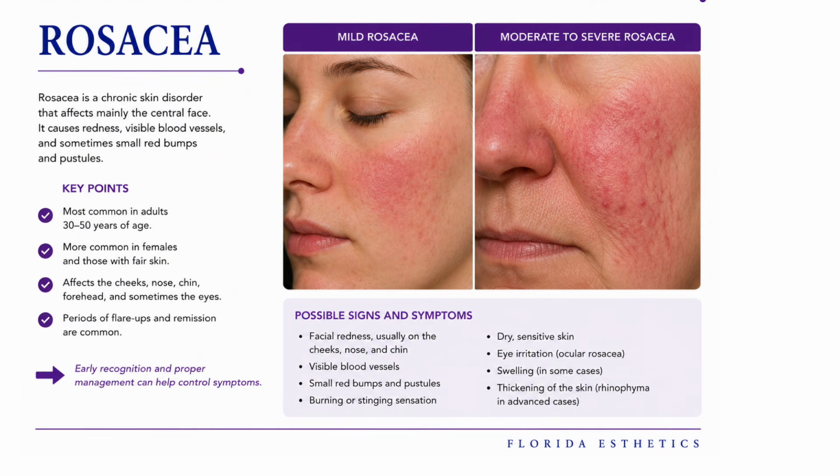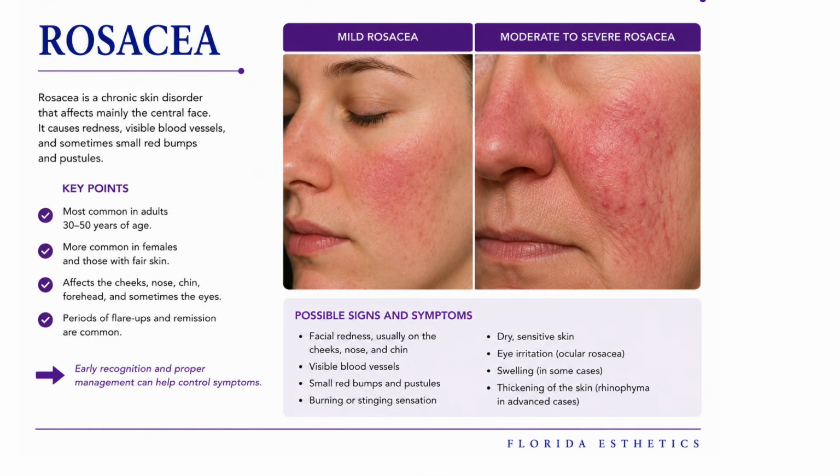Rosacea is a chronic inflammatory skin condition that mainly affects the central area of the face. It is characterized by persistent redness, visible blood vessels, and, in some cases, small papules and pustules.